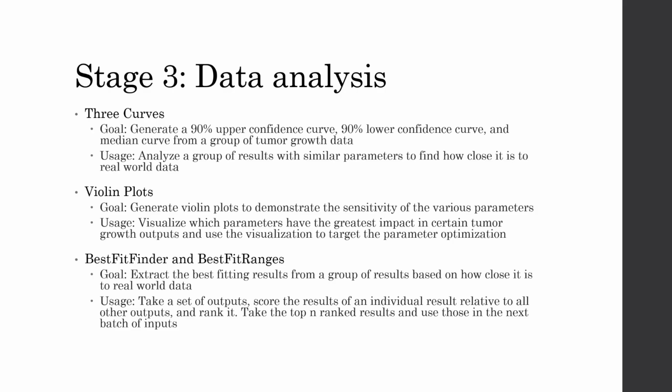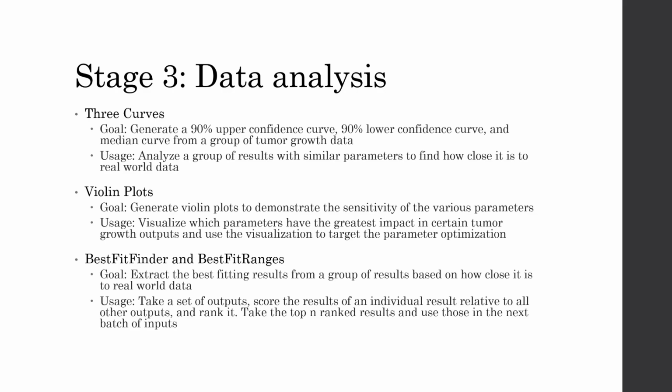The best fit finder and best fit ranges is the last program. Its goal is to extract the best fitting results from a group of results based on how close they are to the real-world data. In usage, essentially you take the outputs, score the results relative to all other results, and then rank them. And then we take the top ranked results depending on how large we want the next data set to be.